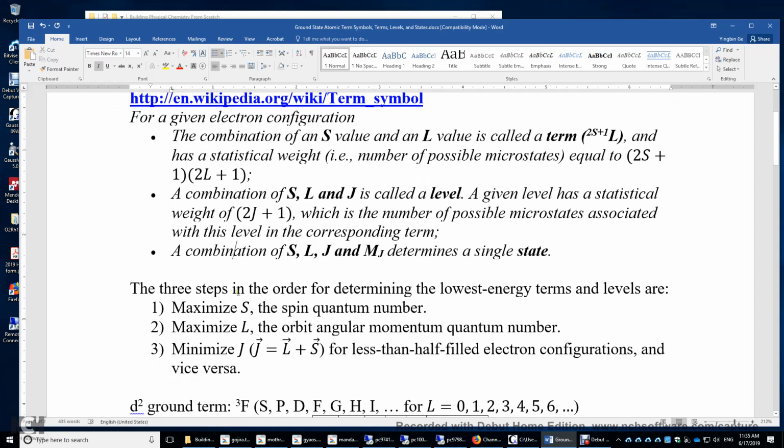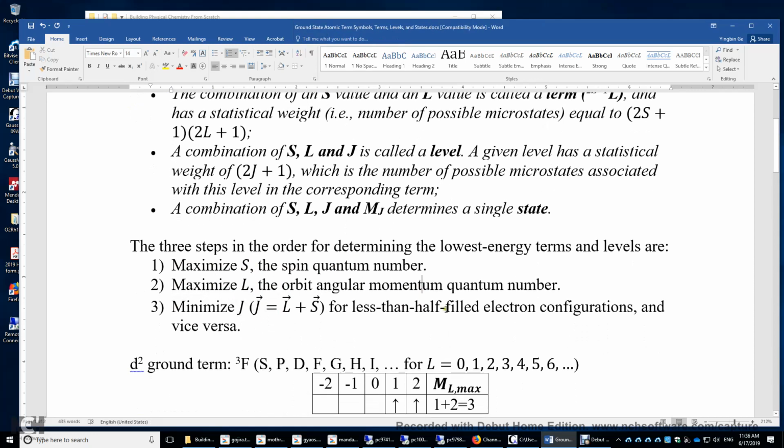There are 3 steps to determine the lowest energy terms and then levels. So first, this is Hund's rule. You always maximize the spin first. And then you maximize L, the orbital angular momentum quantum number.